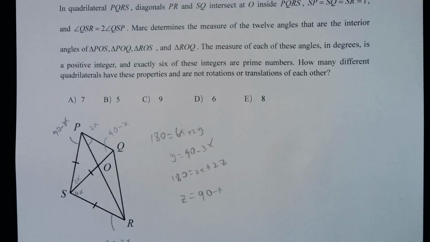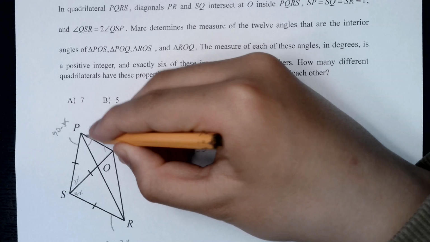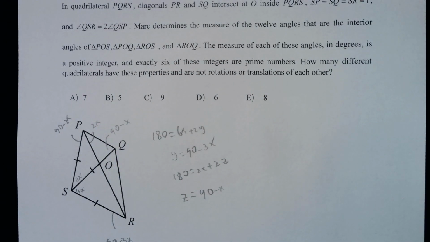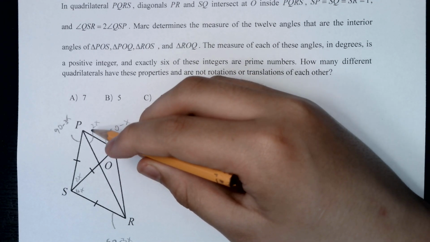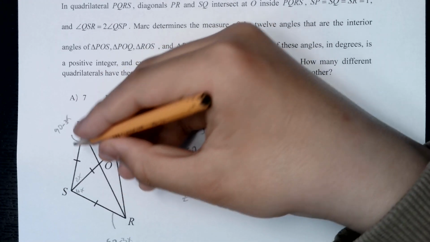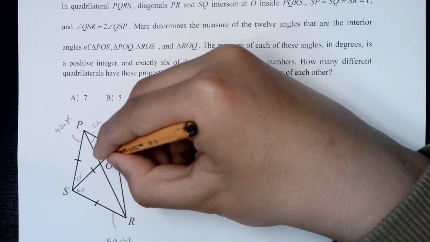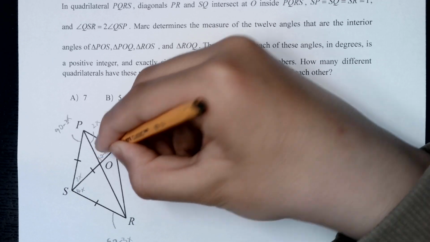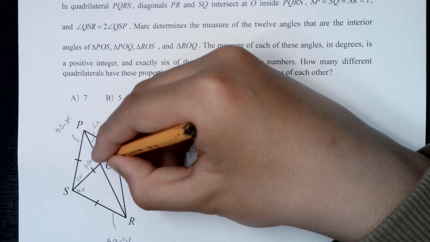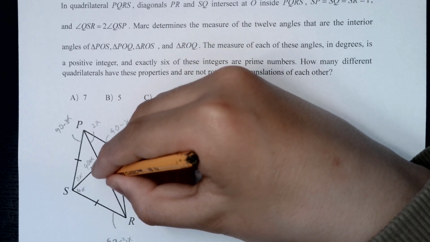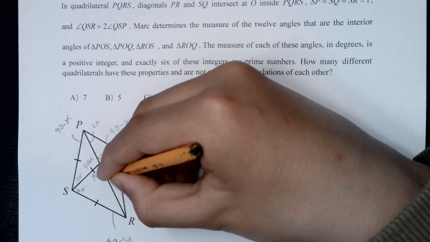As you can see here, by using the isosceles triangles, we can simplify and solve for each of these angles separately. So now let's solve for the rest of the angles. We have some pretty simple things here. So this is 90 minus x. This is 2x. So this here is going to have to be equal to 90 minus x. This here, since we have 2x here and 90 minus 3x, this has to be 90 plus x. It has to be similar logic as before, so it has to be 90 minus x.